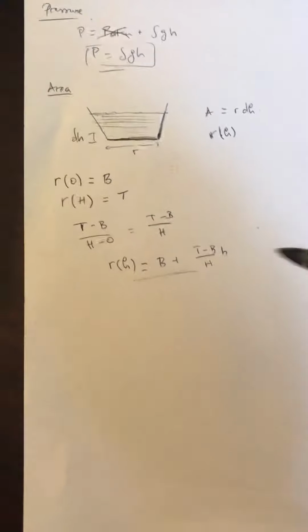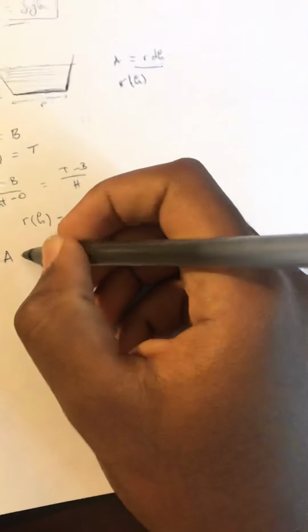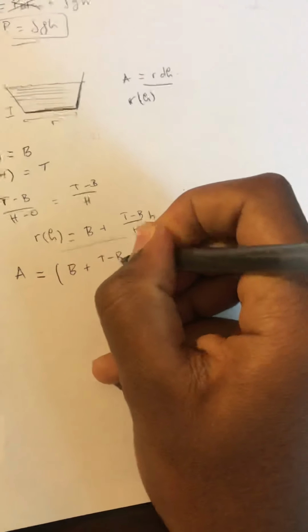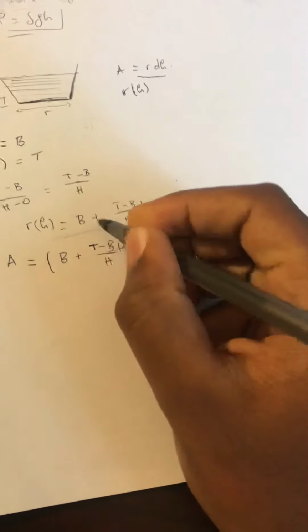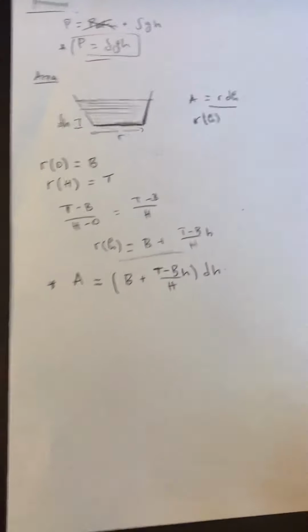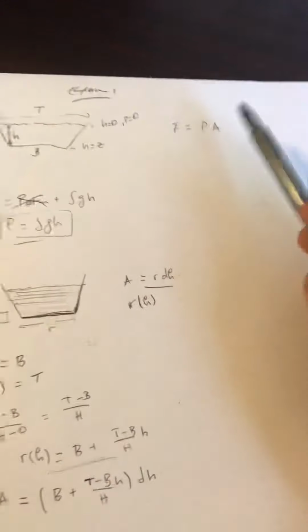Okay, and so our area equation becomes this. Replace that, our area becomes capital B plus T minus capital B over capital H, so this times dh. Okay, so we got area, we got pressure. Now we can just plug it into the force equation and work out an integral.